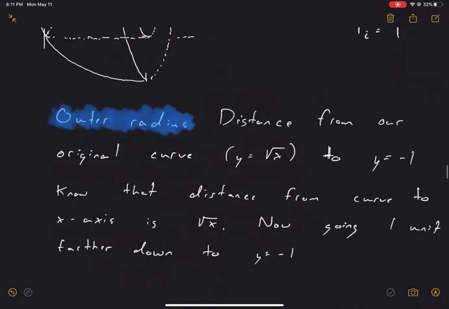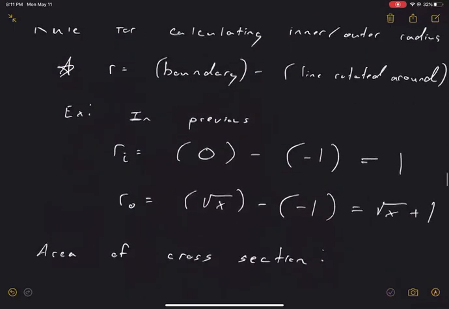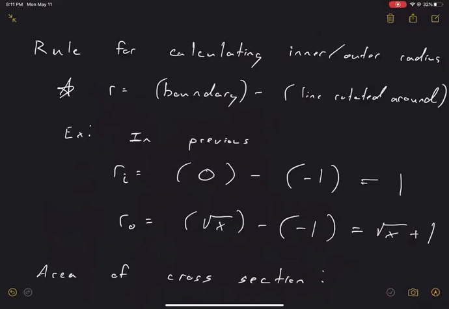So back to this guideline. Now we're just reiterating. In general, the radius is going to be given by boundary minus the line we rotate around. We're always measuring our radius to the line we rotate around, not necessarily to the x-axis or y-axis. It's always measured to the line we've rotated around.